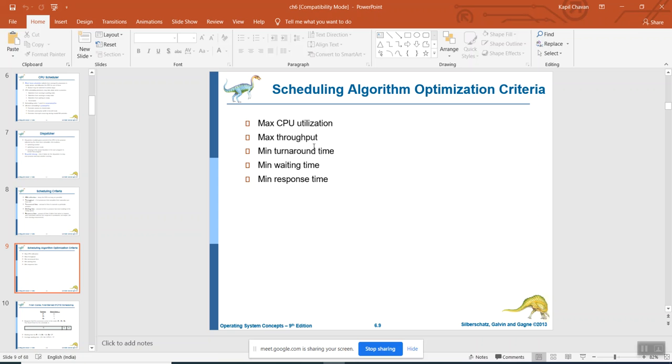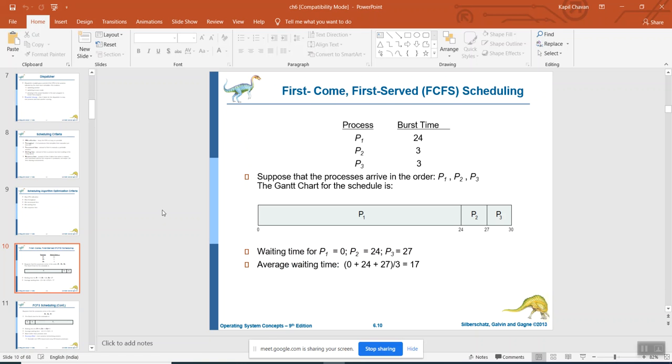Then we require minimum turnaround time, meaning the process completes in minimum time, minimum waiting time for every process, and minimum response time. So remember these five optimization criteria: maximum CPU utilization and throughput, and minimum turnaround time, waiting time, and response time.